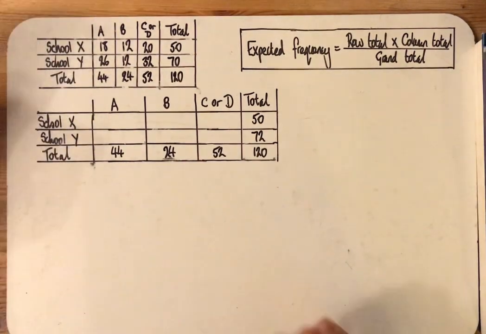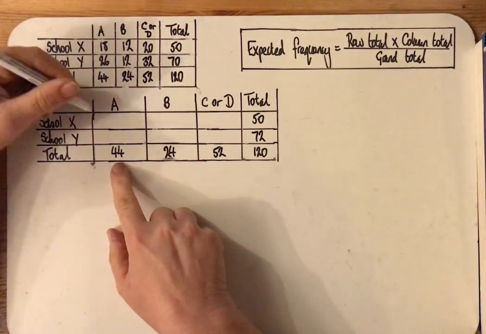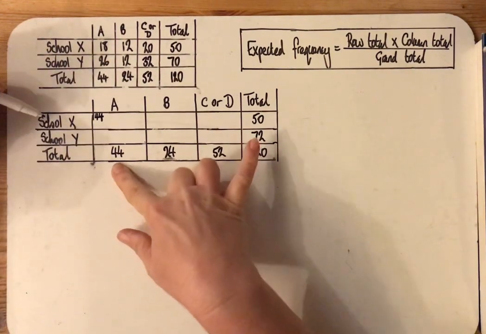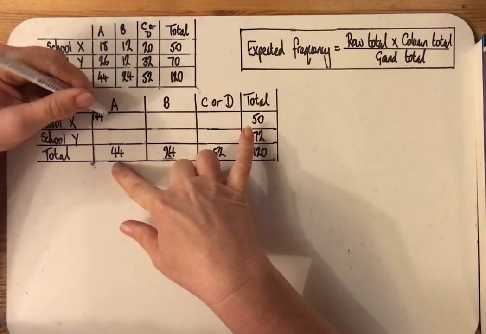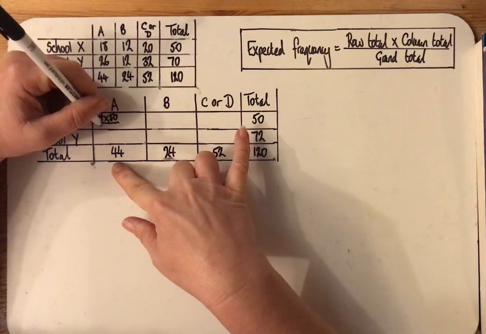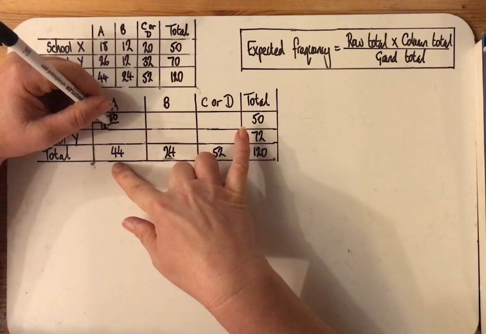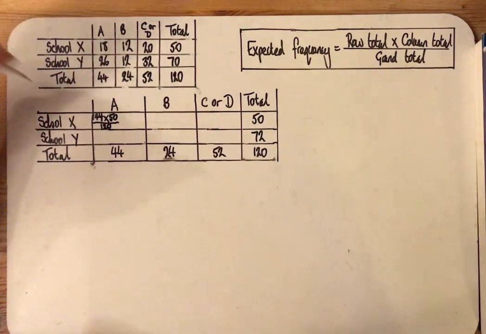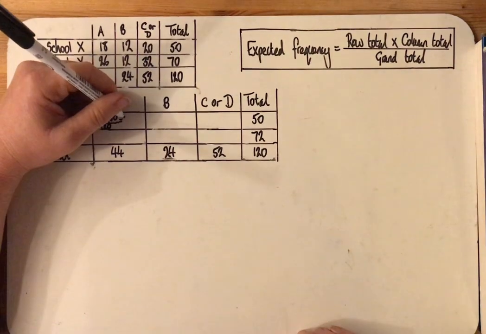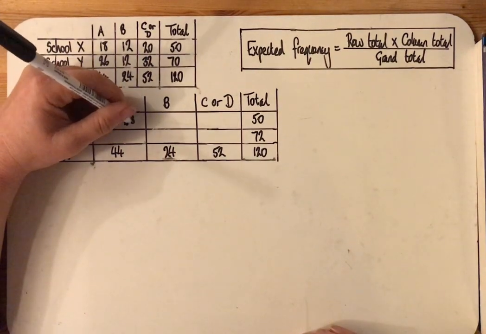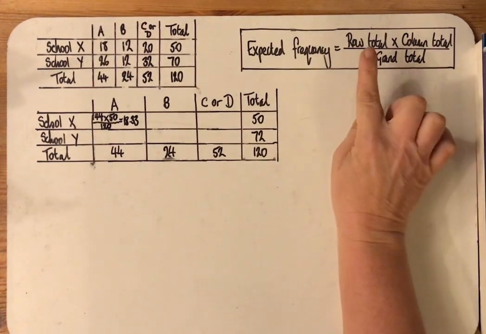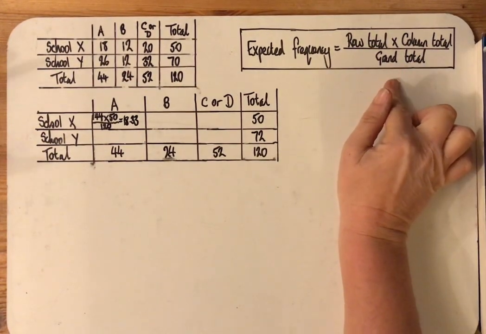For this first one, you do the column total, which is 44, times the row total, which is 50, or vice versa, and then you divide by the grand total of 120, and that gives you 18.33. This is a slightly adapted version of your online example actually. So expected frequency is row total times column total over grand total.